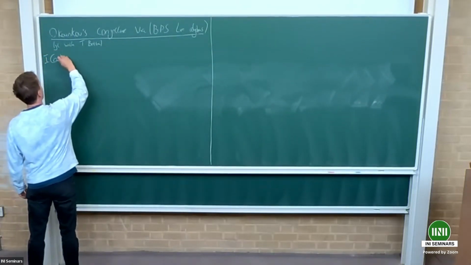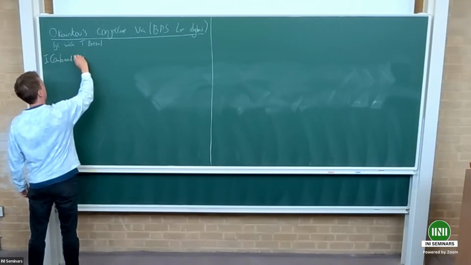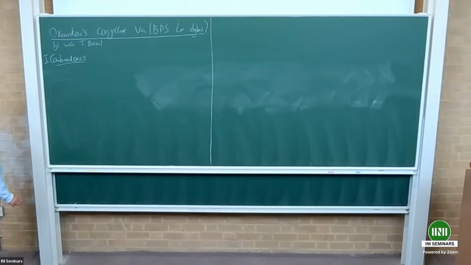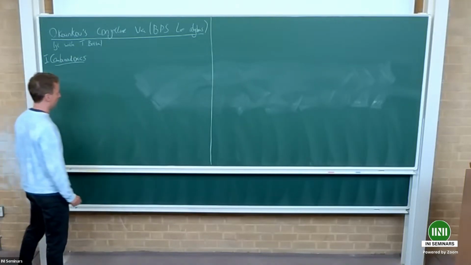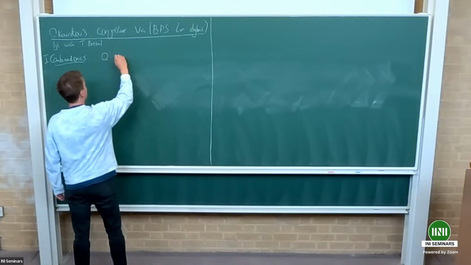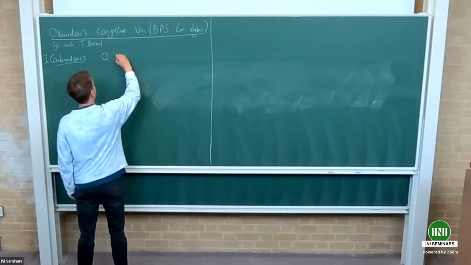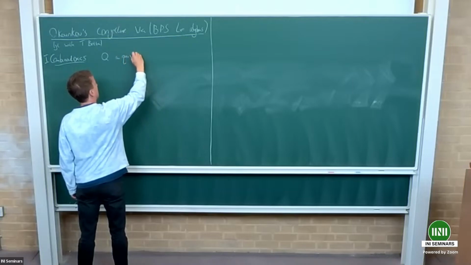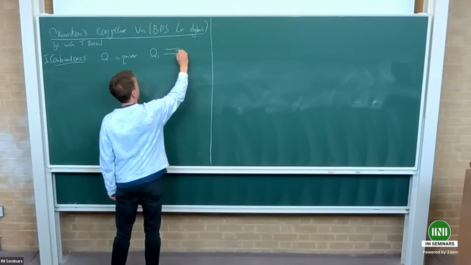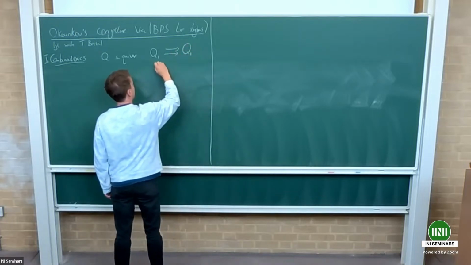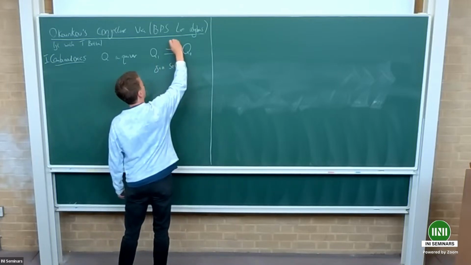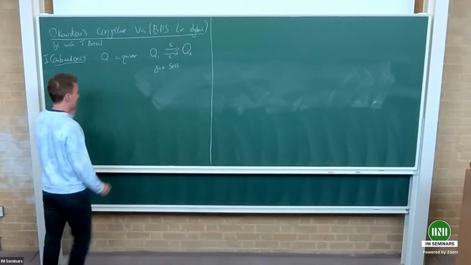Part one is mostly combinatorics. So in particular, the ground field here will most often be a finite field. A quiver consists of finite sets and maps between them.